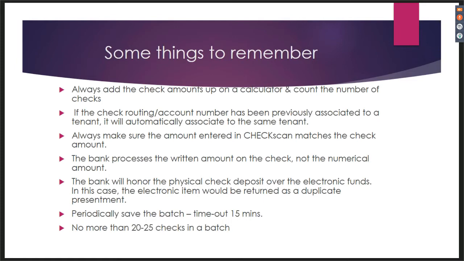The next 3 sort of go hand in hand. Always make sure the amount that you enter in Checkscan matches the check amount. So if you enter $10 in Checkscan, make sure $10 is what's on the check.